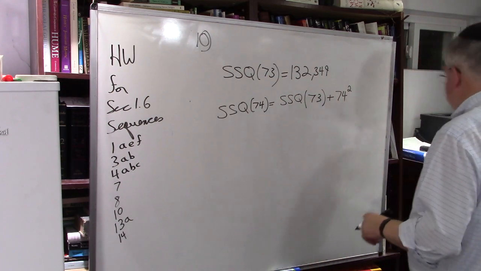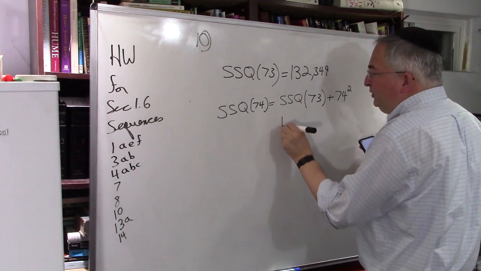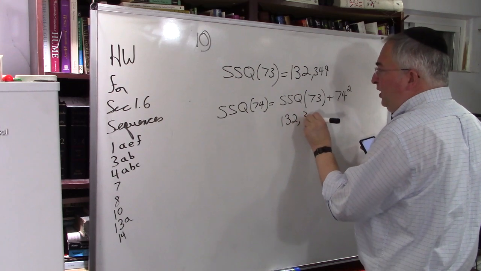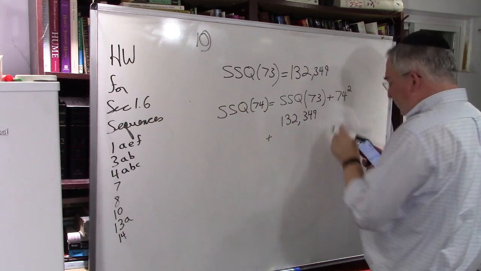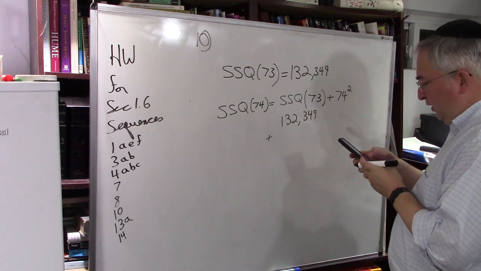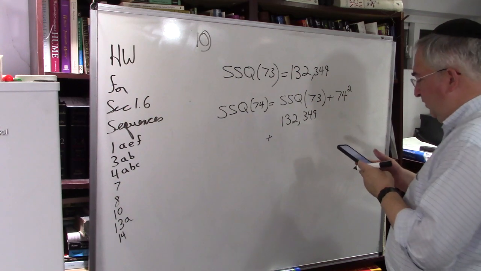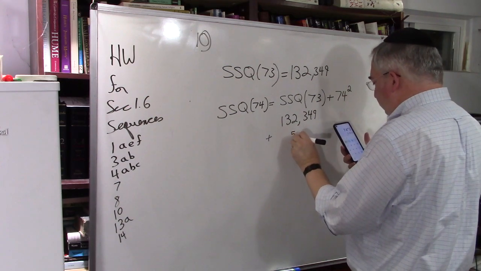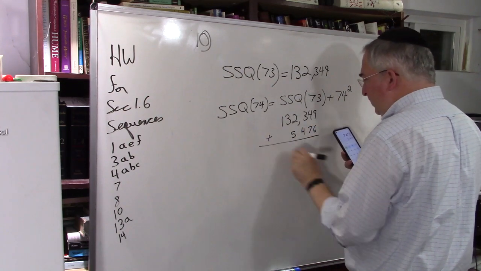Okay, well, let's do it right now. So this is 132,349 plus, let's see what 74 squared is. 74 squared is 5,476. Let's add that together.